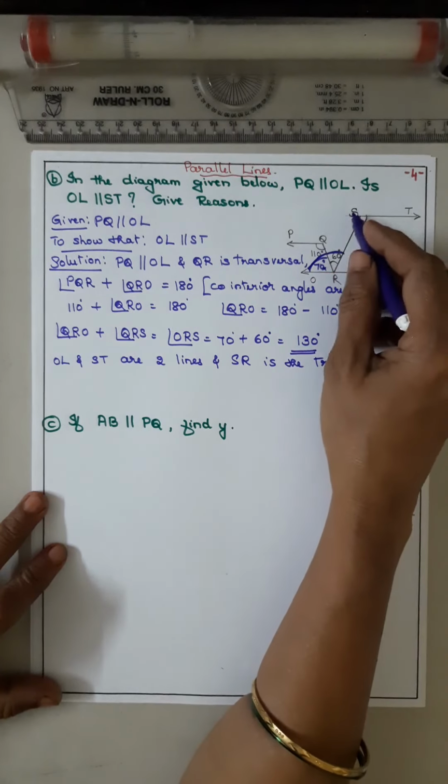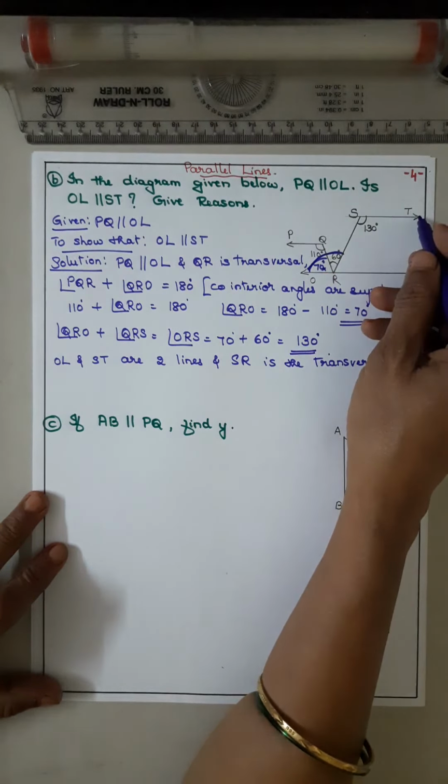OL and ST are two lines and SR is the transversal, then angle ORS should be equal to what? RST. Is it 130? Yes, this is also 130 you got.